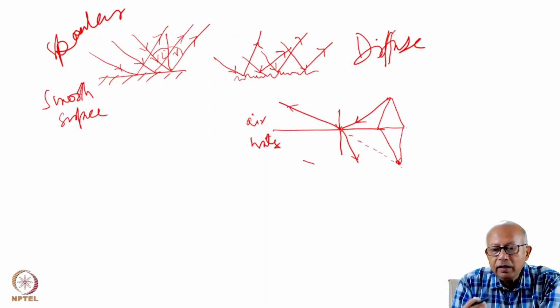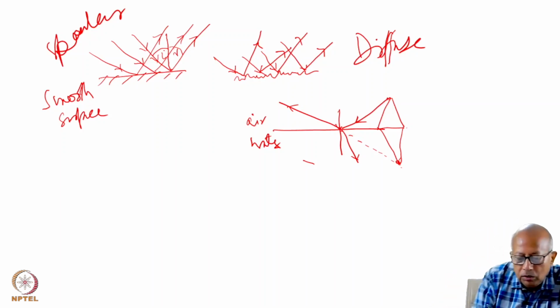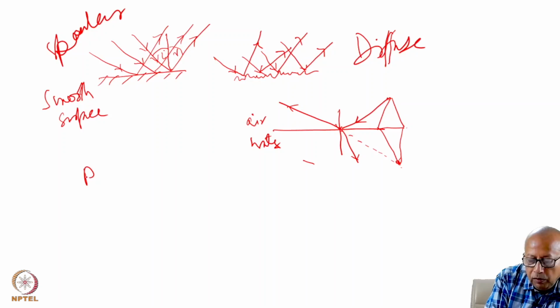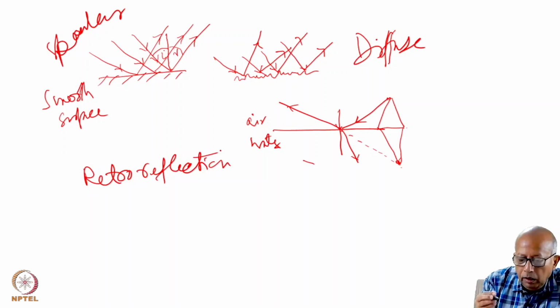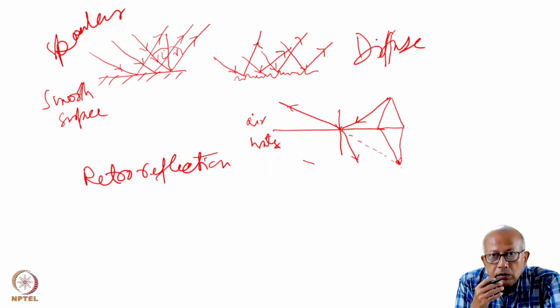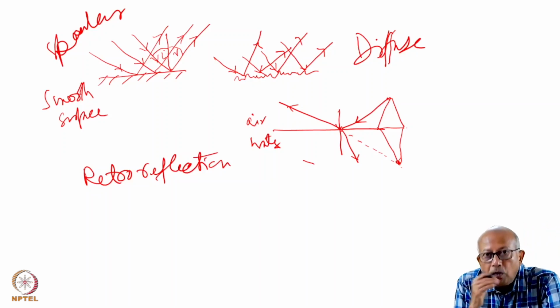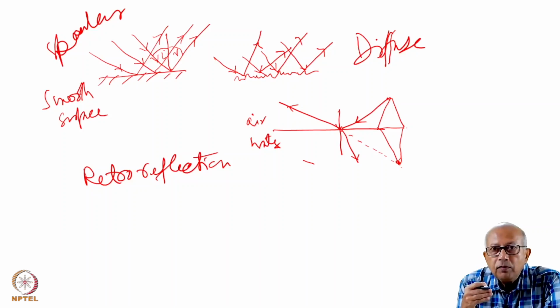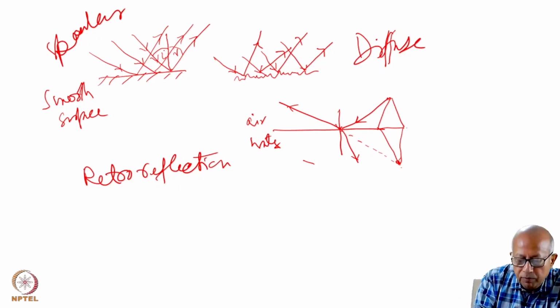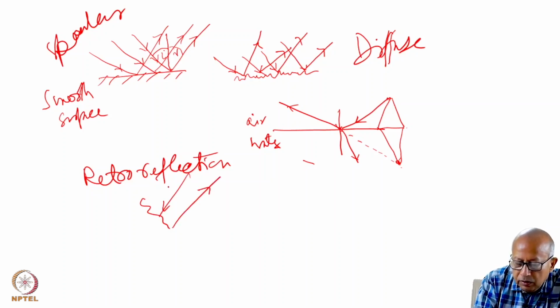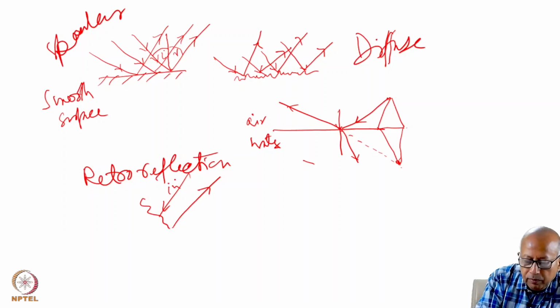There is yet another kind of reflection that we talked about, which is called retroreflection. There are some surfaces on which, if light shines, the reflected ray travels exactly in a direction opposite to the incident light.